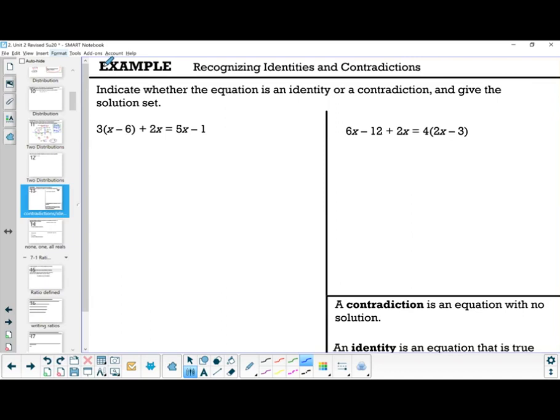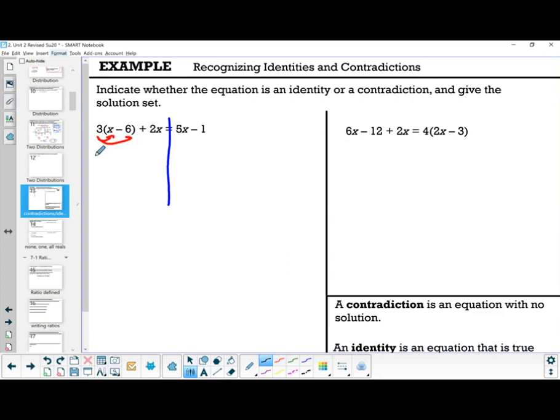We have 3(x - 6) + 2x = 5x - 1. As we did before, you want to start by simplifying the left side and the right side separately. On the left side of the equation, I can distribute.